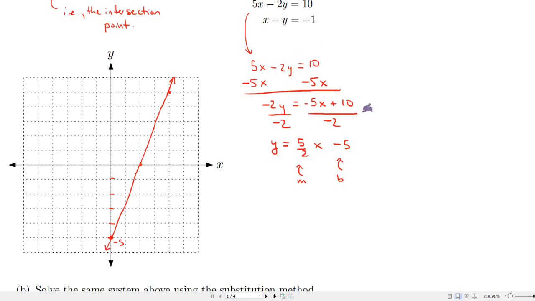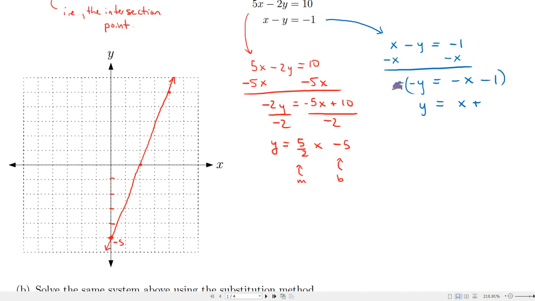And our second equation here, this one, we can do the same thing, solve for y. So we will subtract x, and we will have negative y equals negative x minus 1, and we'll negate both sides to get y equals x plus 1. All I'm doing here is negating both sides, right?